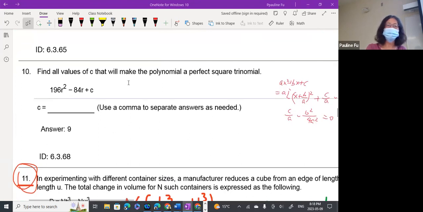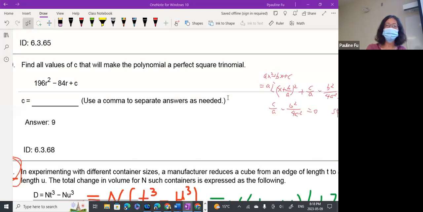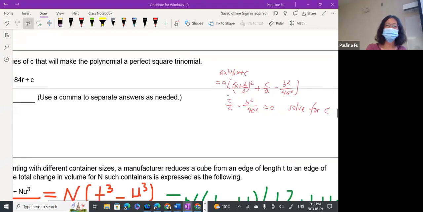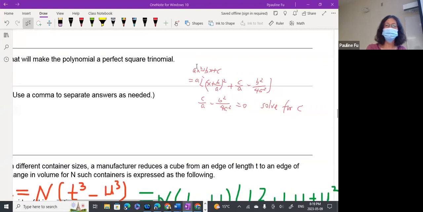Find all values that make the polynomial a perfect square. So this one needs a little bit of work. I have some hints here.